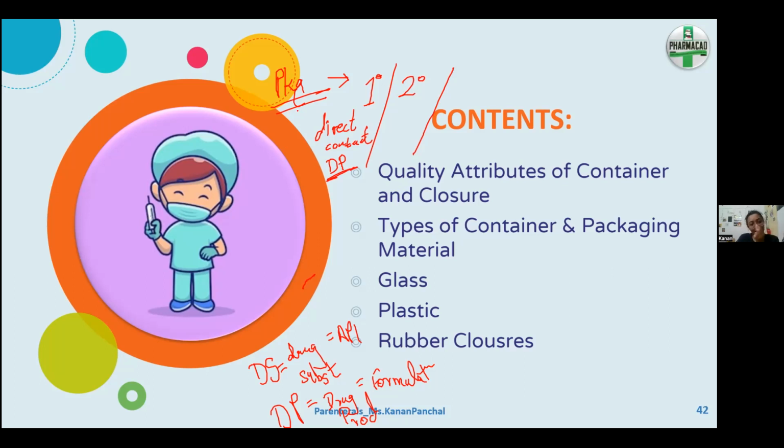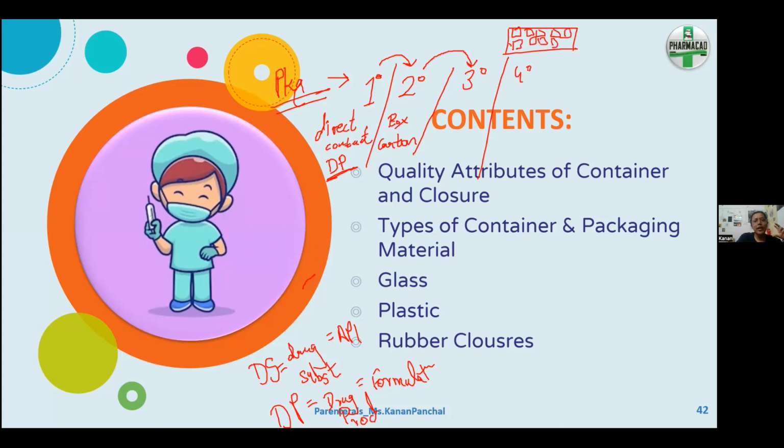Now say your glass vial is your primary container, and the box or the carton in which it is kept, that is your secondary packaging. All right. Then your tertiary packaging. So primary packaging is kept in secondary packaging. Secondary packaging is kept in your tertiary packaging, meaning the bigger box in which you have all these smaller boxes kept. Okay. So this is your tertiary packaging.